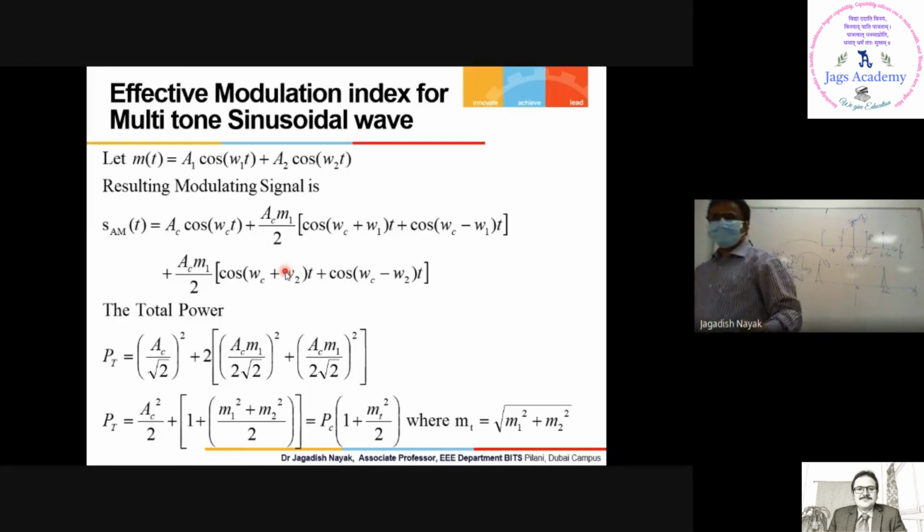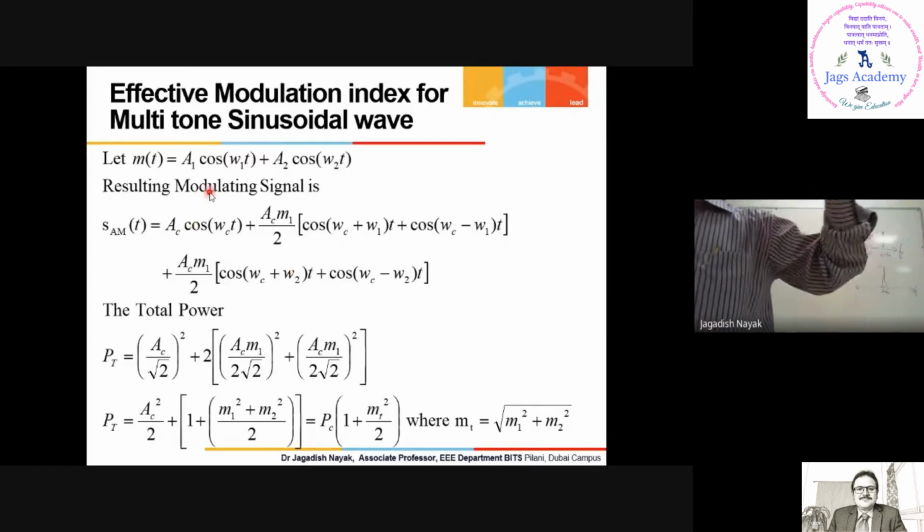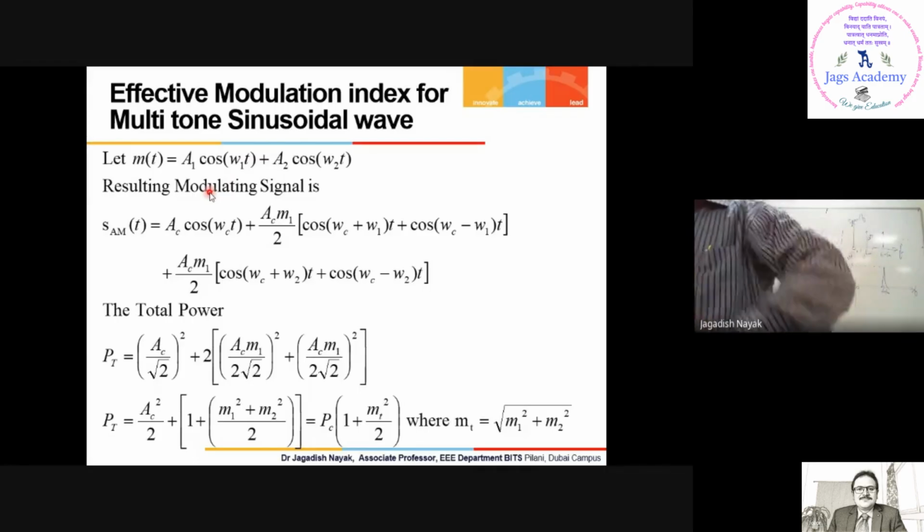Now I will consider m of t is equal to A1 cos omega 1 t plus A2 cos omega 2 t. This is nothing but your mixed frequency signal. So how many frequencies are present in this? There are 2 frequencies present in this, right?